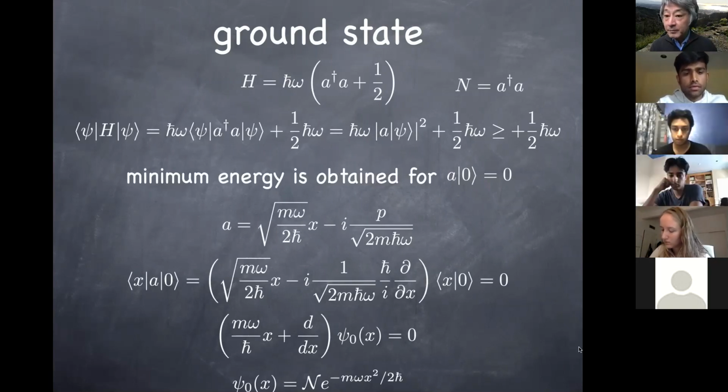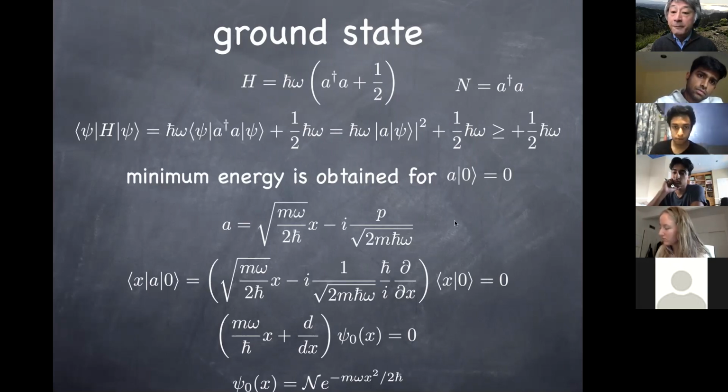Just to hop off that question, aren't you sort of assuming here that A has a non-trivial kernel? Because you're assuming that there's a non-zero state labeled by the eigenvalue 0, right? So that's why confirming that point using the explicit wave function was reassuring.